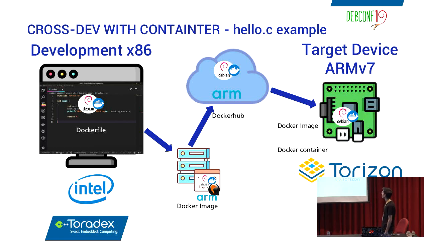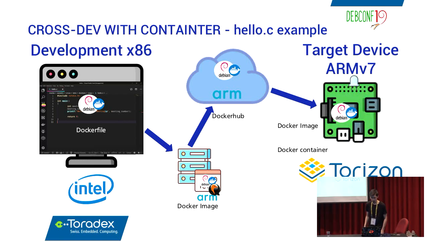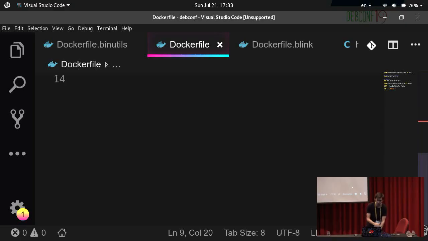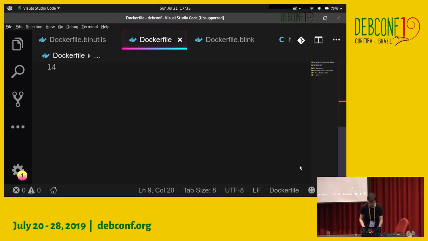So at the end we can pull this image on our target device and run it on our target device. Let's do the blink example too, only for the fun of seeing an LED blinking.